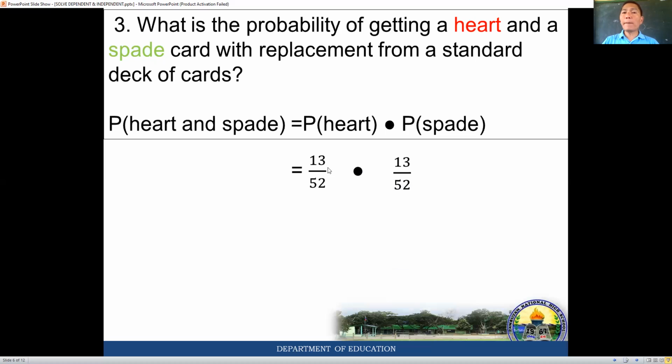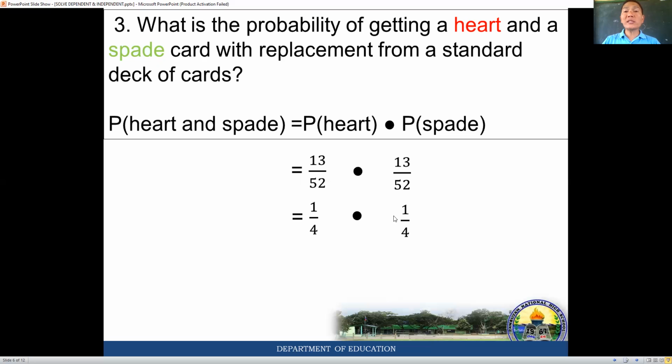Okay, so first step, you express first in the lowest term by dividing both the numerator and the denominator by their GCF. So 13 over 52 can be simplified as 1/4, by dividing both by 13. So 13 divided by 13 is 1 and 52 divided by 13 is 4. So 1/4 is the lowest term. So copy times, again, 13 over 52 is 1/4.